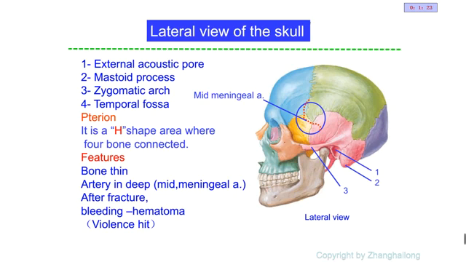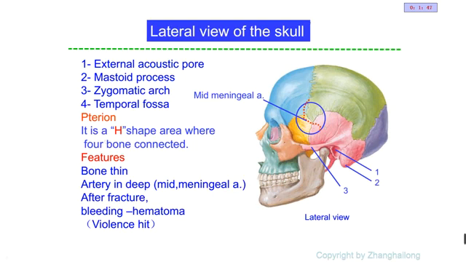There is a very big fossa. Why? What's the reason? The bone on the surface has a very big fossa, but you can't touch it on your surface because a very big and thick muscle covers it. The muscle's name is the temporal muscle. Okay, so you can't touch this fossa.